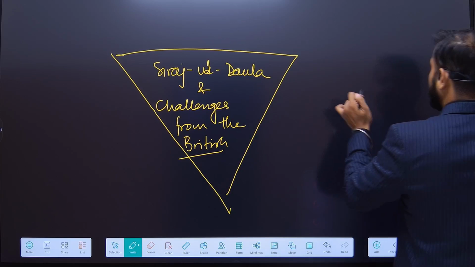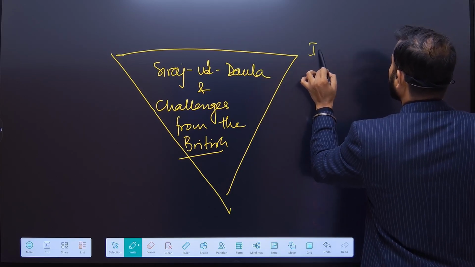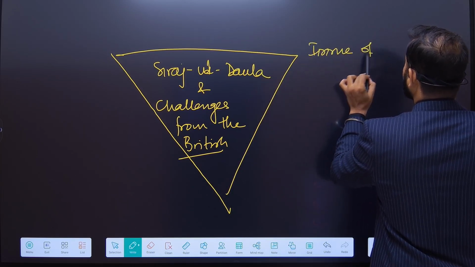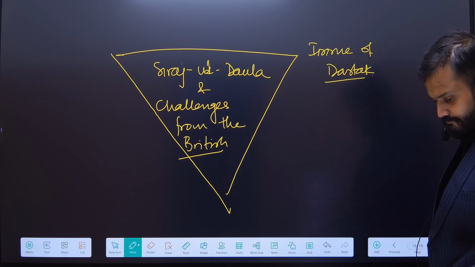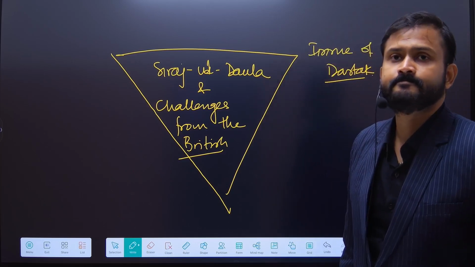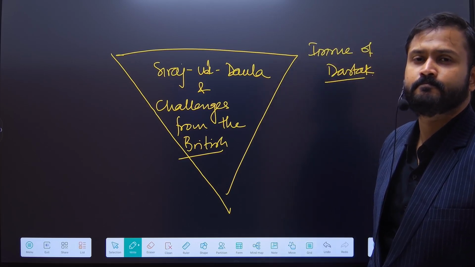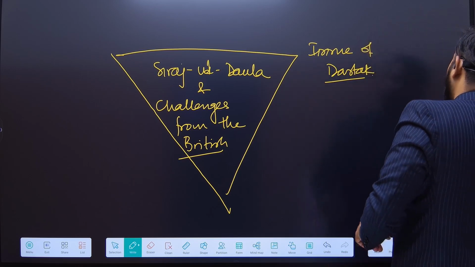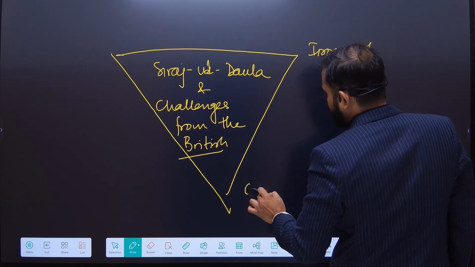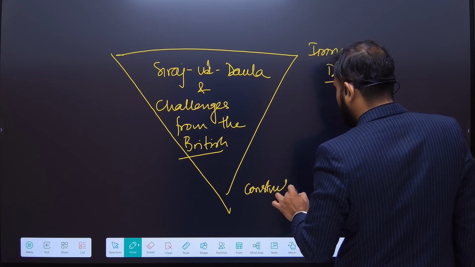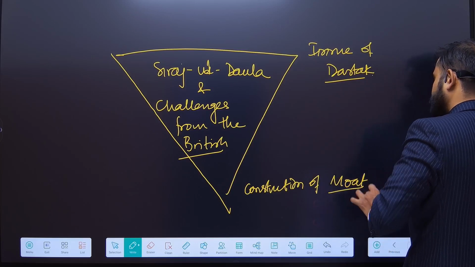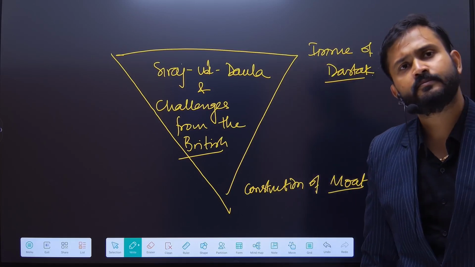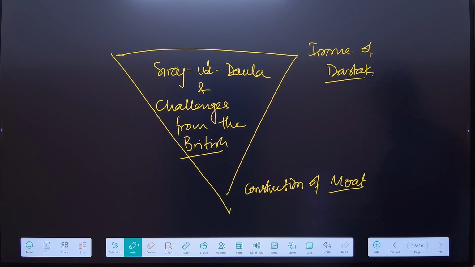First point, the issue of Dastak. Kindly make this diagram, by the way. Issue of Dastak. Next is construction of moat. We'll explain every point.